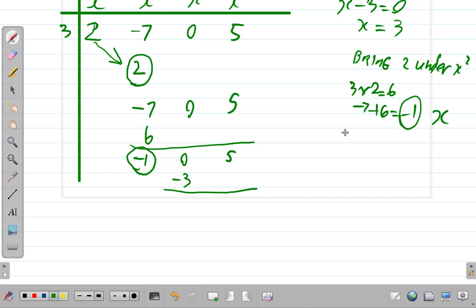Then 3 by negative 1 is equal to negative 3. 0 plus negative 3 is equal to negative 3. Negative 3 will multiply x to the 0. This was x to the 1, this will be x to the 0.